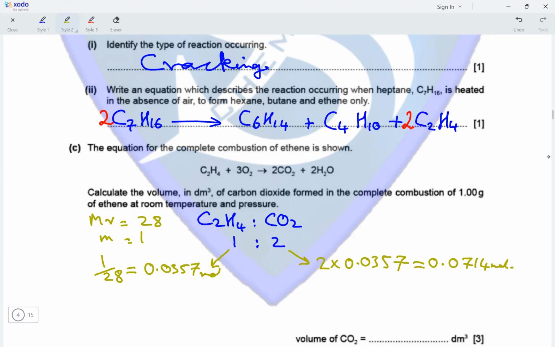Now, the moles of carbon dioxide have been obtained. 1 mole of any gas at RTP occupies a volume of 24 dm cube.